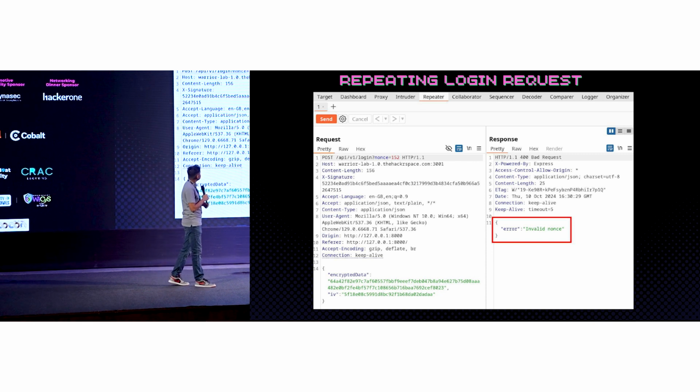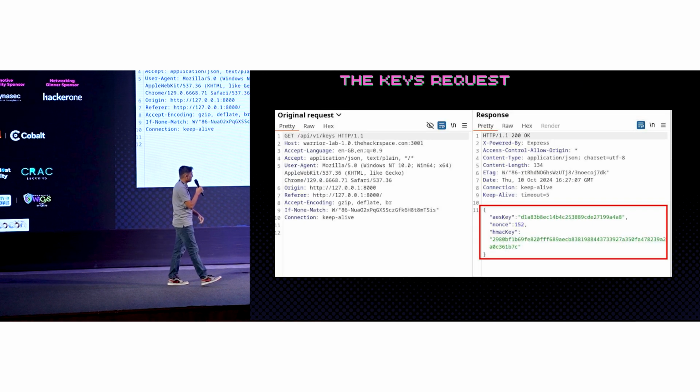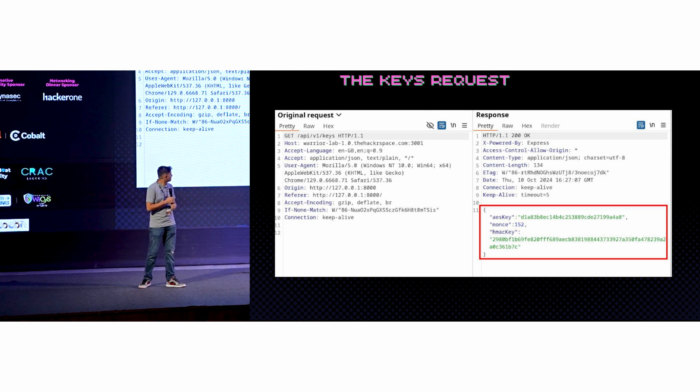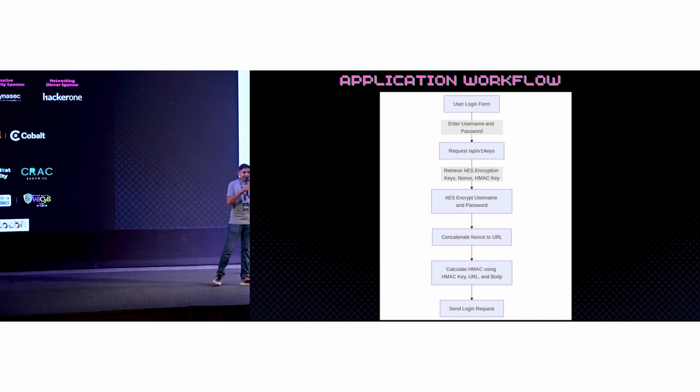Next. And the nonce that you saw in the previous request was retrieved from the API v1 keys endpoint. So to sum it up, the application flow looks something like this. Once we enter the credentials, the application was sending a request to API v1 keys.